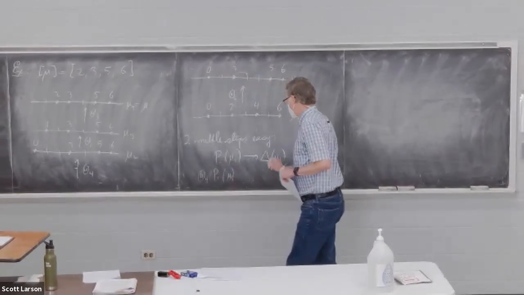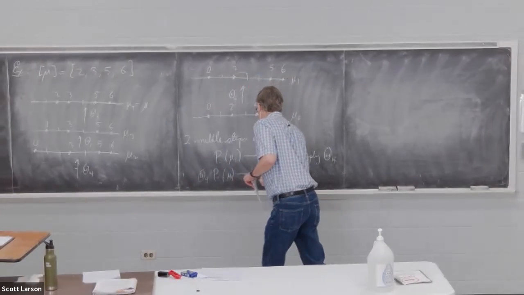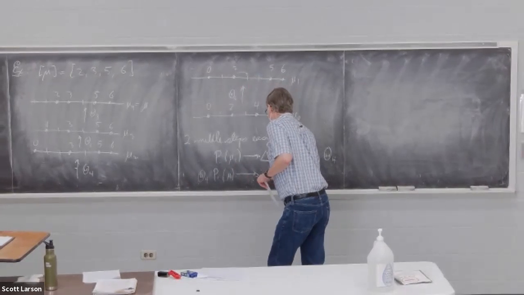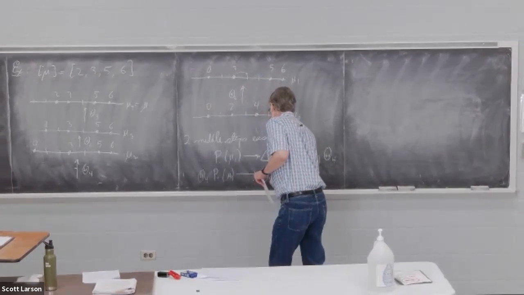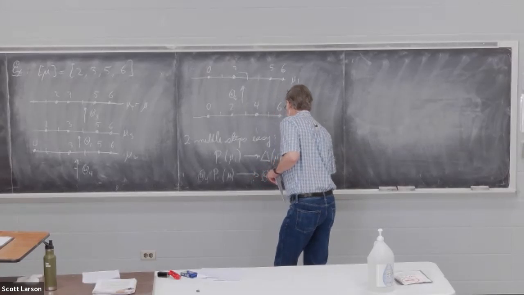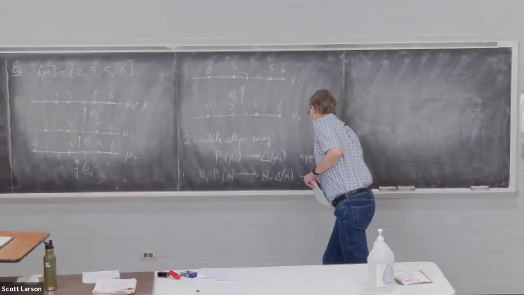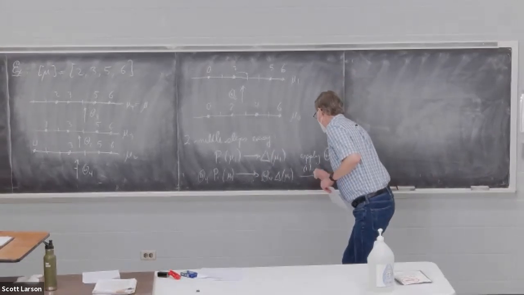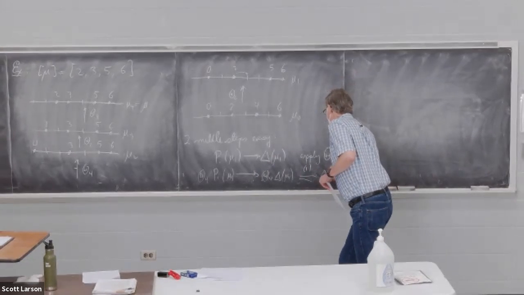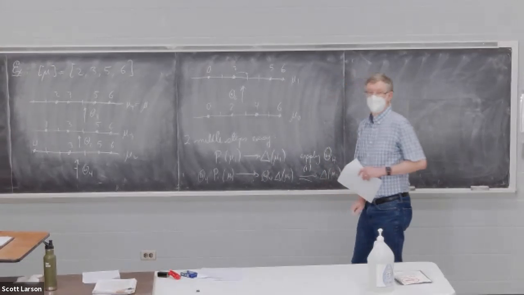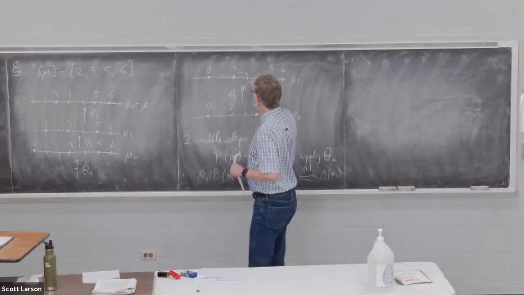It's exact. So we get a resolution of theta 4 delta U1. But according to that rule number 1, this is equal to delta U2, because these two guys are empty.